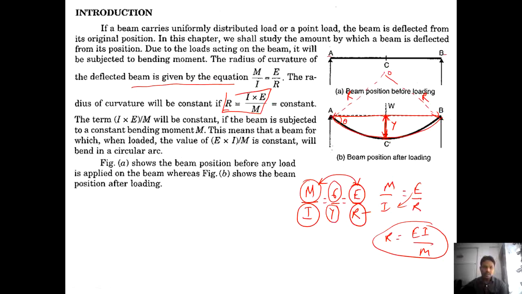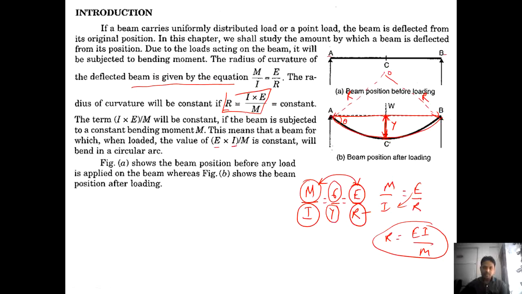The term I into E by M will be constant if the beam is subjected to constant bending moment. Correct? If the bending moment is constant, the remaining terms will be constant, that is the radius of curvature will be constant. It means that a beam for which, when loaded, the value of E into I by M is constant will bend in a circular arc, because the remaining terms, that is moment of inertia and Young's modulus, are material properties, and the beam cross-section area will be constant throughout, no issue.